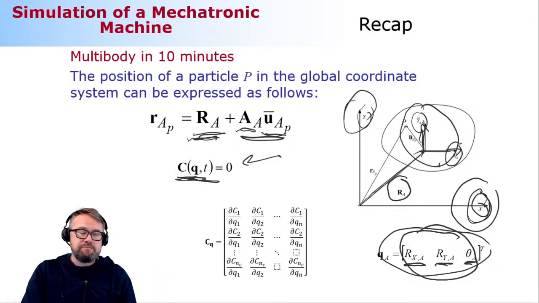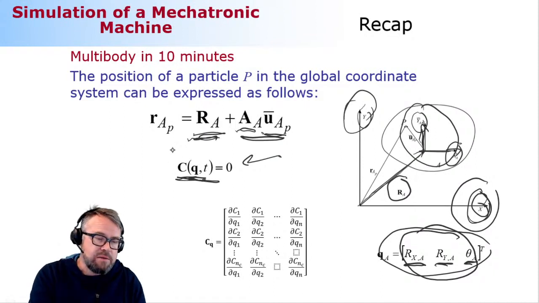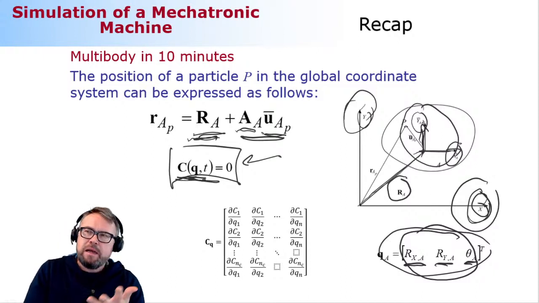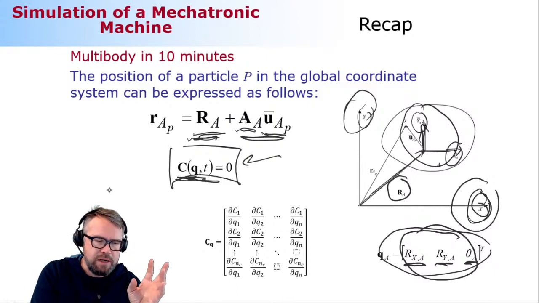To solve it, you solve this set of nonlinear algebraic equations. The easiest way to do that is an iterative technique called Newton iteration or Newton-Raphson iteration, which tells you how to find the position that fulfills the constraints.